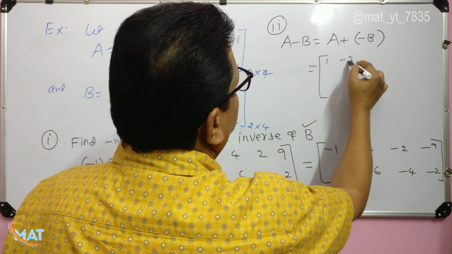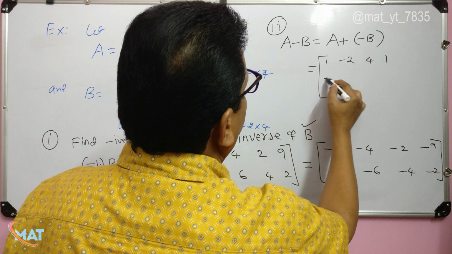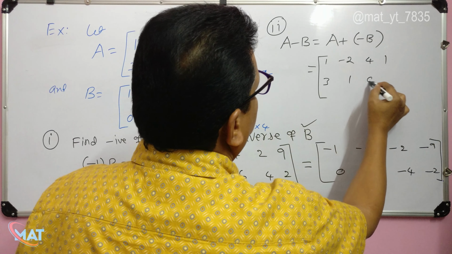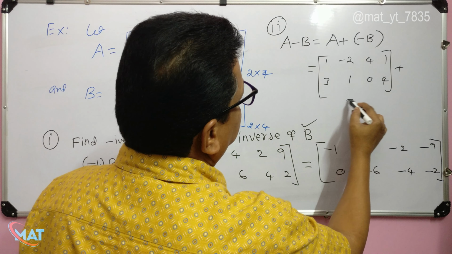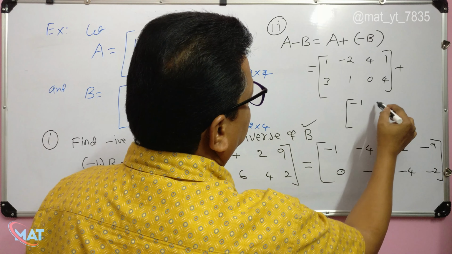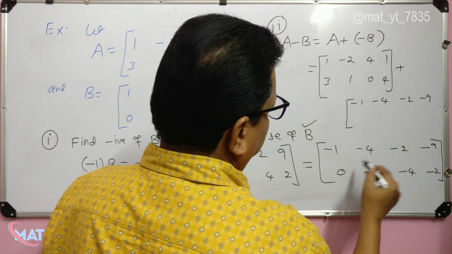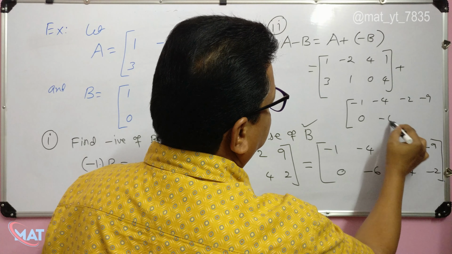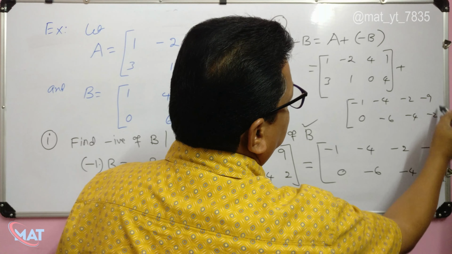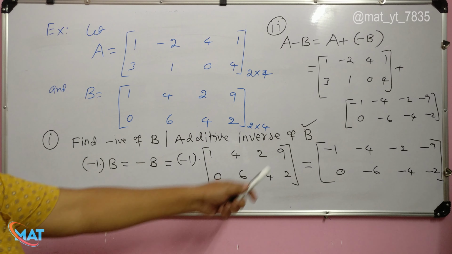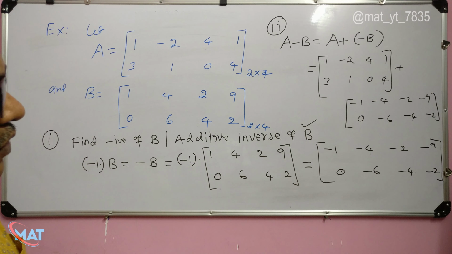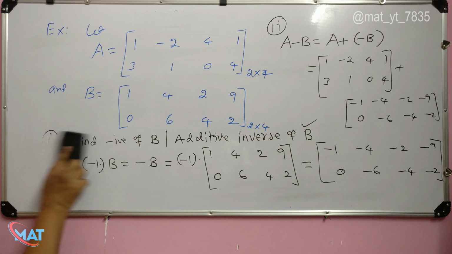A is 3 1 0 4, plus this matrix we just computed, 0 negative 6. So I'm going to write down the difference of two matrices. I will wipe this off.